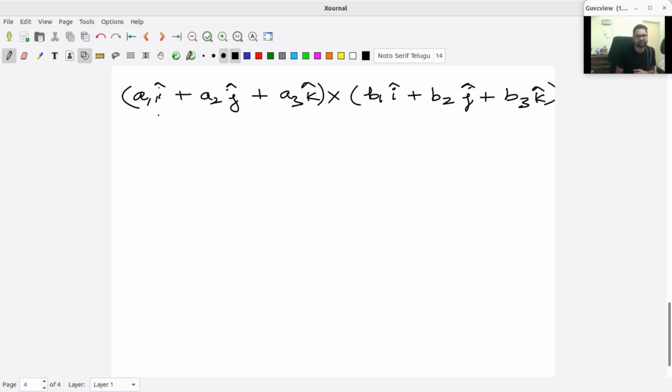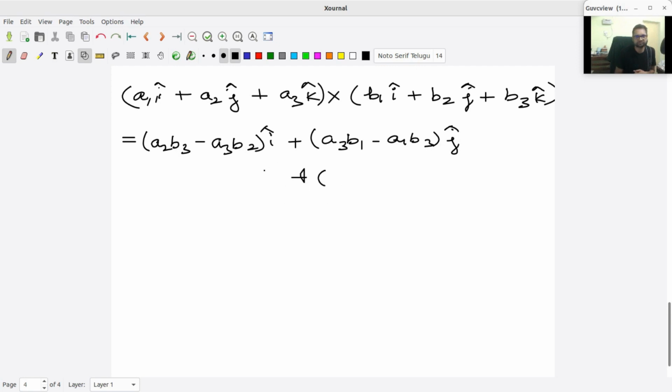So the resultant will be a2 b3 minus a3 b2 times i cap, plus a3 b1 minus a1 b3 times j cap, plus a1 b2 minus b1 a2 times k cap.